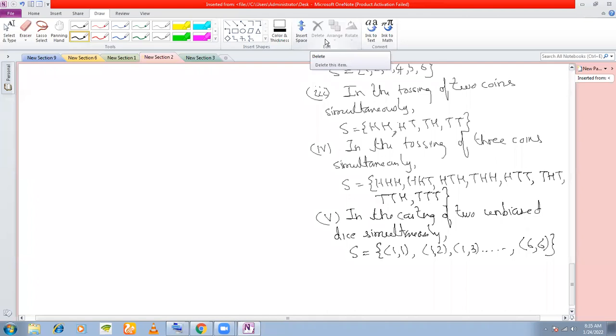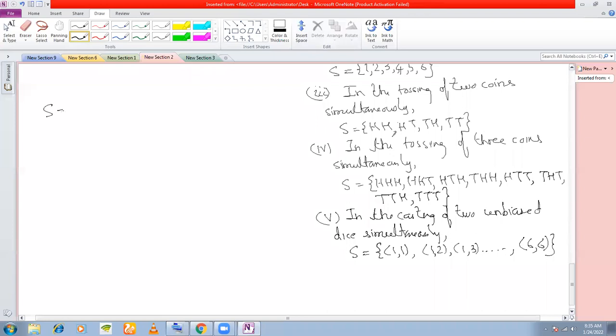Is it possible? If you're taking out one card from a pack of 52 cards, then all the cards we could write, sir. Yes, but how will you write the sample space S?